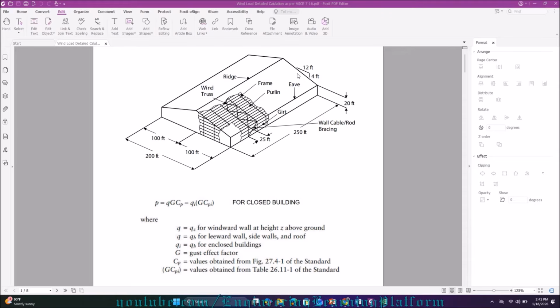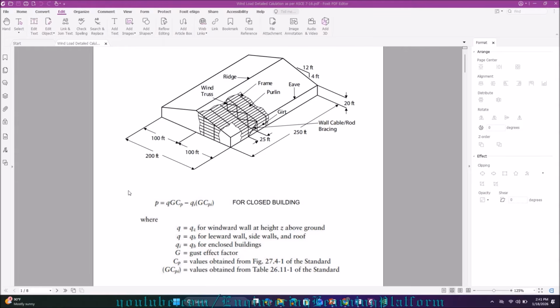Now the next important thing is the side from which the wind is coming. That side will be called the windward side, the side opposite to that will be called the leeward side, and the adjacent sides will be called side walls. Let's say your wind is flowing in this direction.